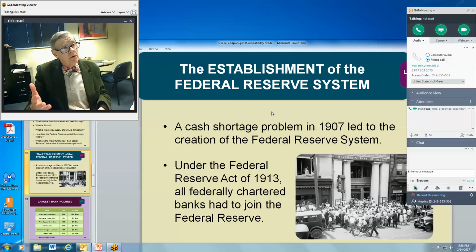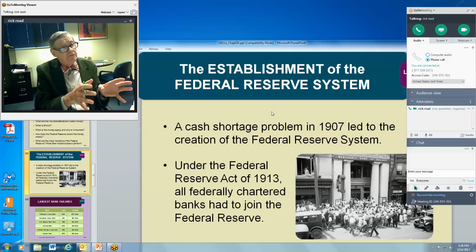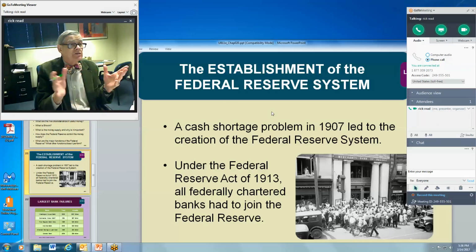And notice down here, all federally chartered banks have to join the Federal Reserve. Now, I stress federally chartered, because in some states there are still what are known as state chartered banks. I'll give you an idea of the difference here.